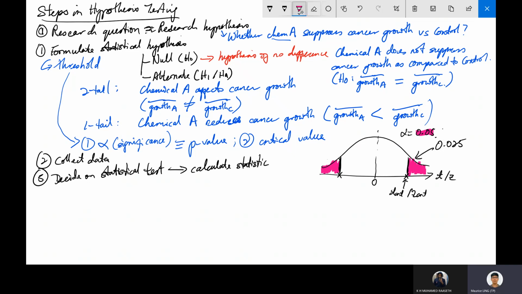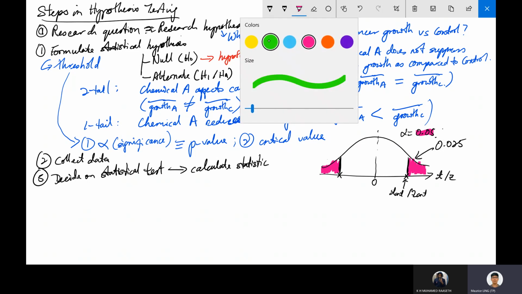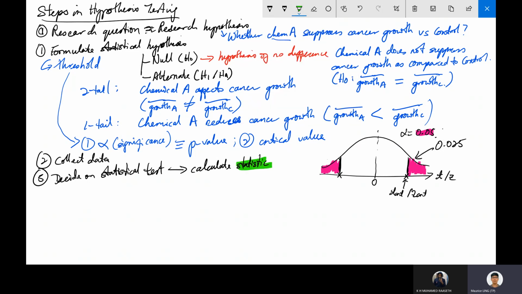This statistic is actually critical. This statistic can be a T statistic, Z score, an F statistic, a chi-square statistic, anything.